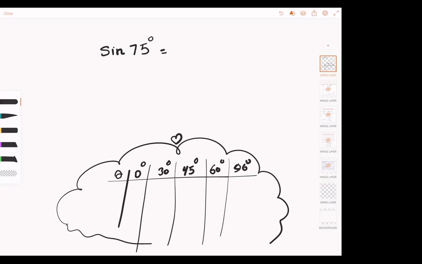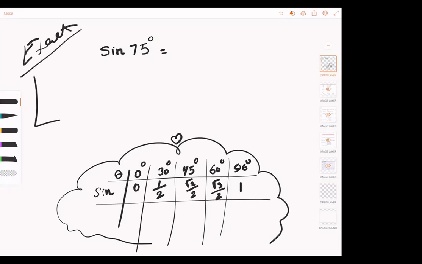With the algebra, we proved that sine of 0 is 0, 30 is 1/2, 45 is radical 2/2, 60 is radical 3/2, and 90 is 1, correct? We did the same thing for cosine, then tangent, cotangent. But 75 is not listed there. But they're asking us to find the exact.